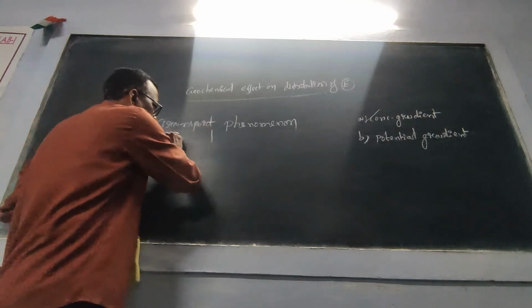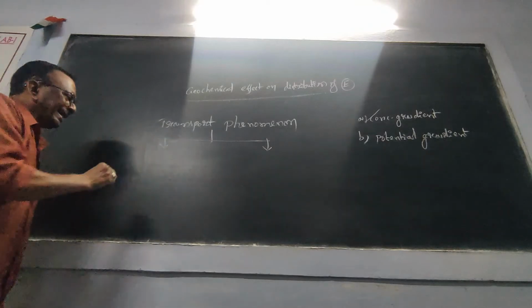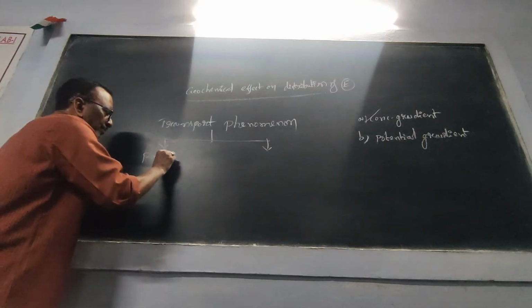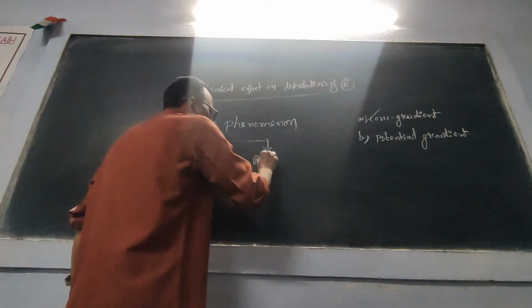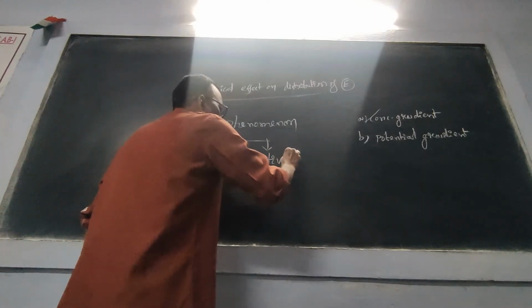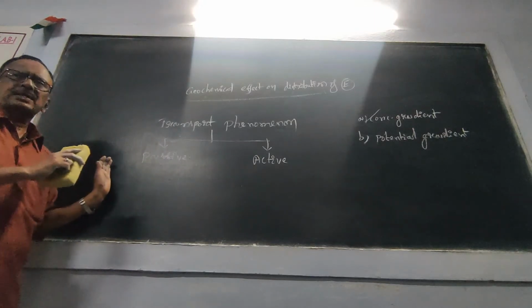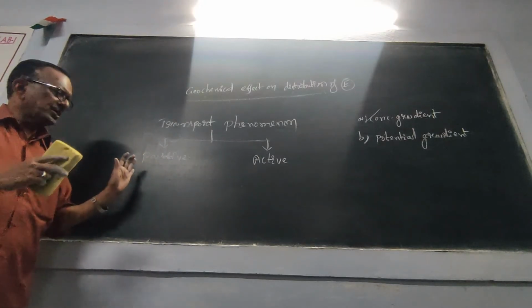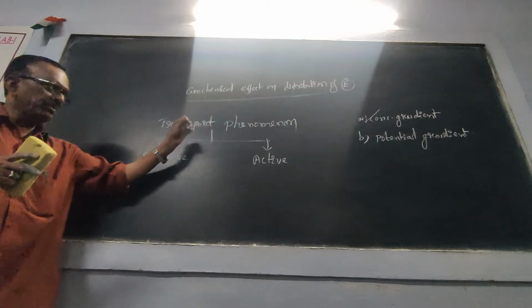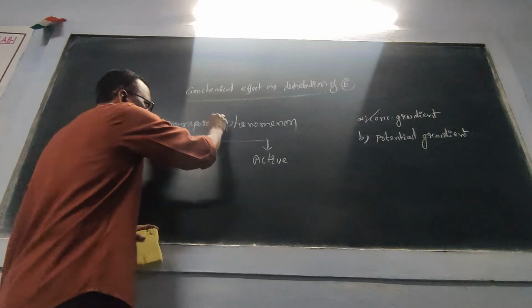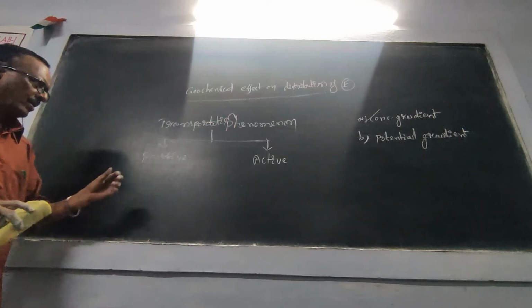So, we have two varieties of transportation. One is passive transportation, and another one is active transportation. Now try to understand the demarcation between passive transportation and active transportation.